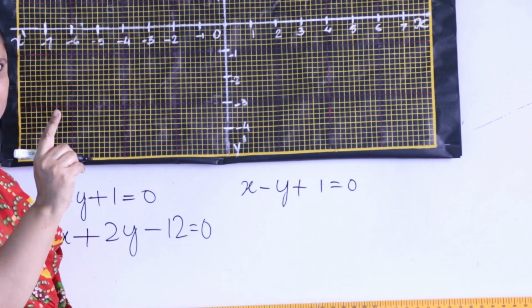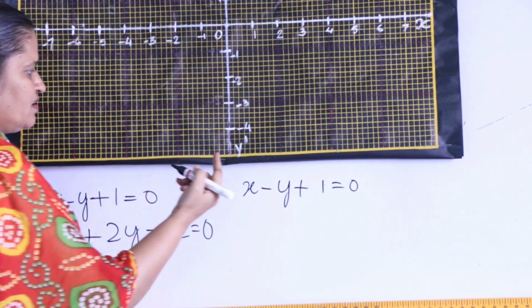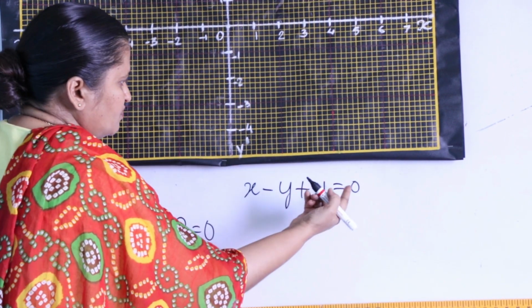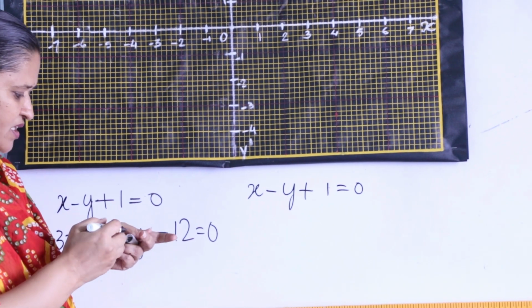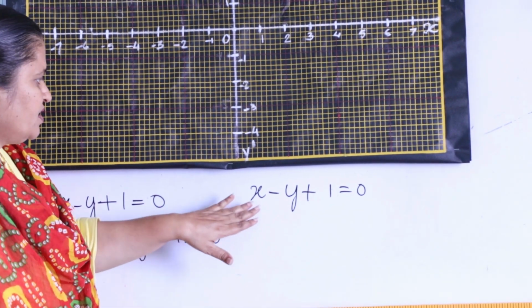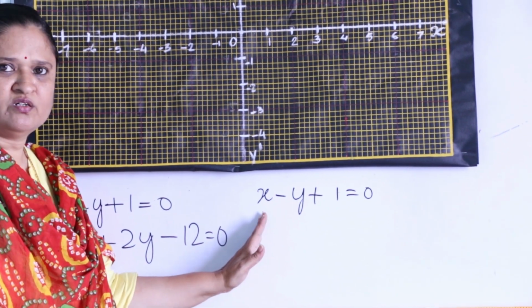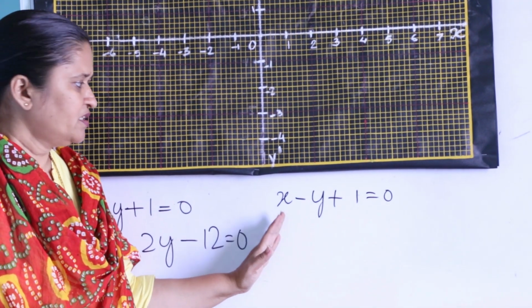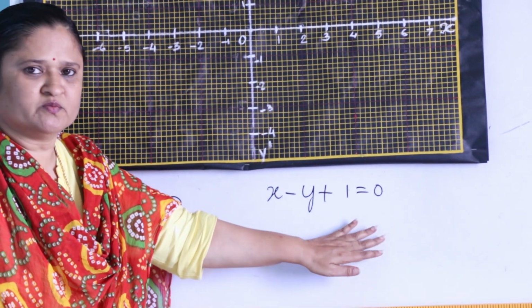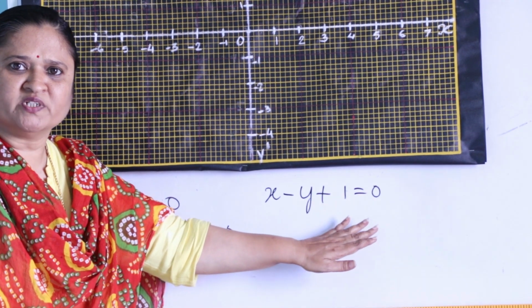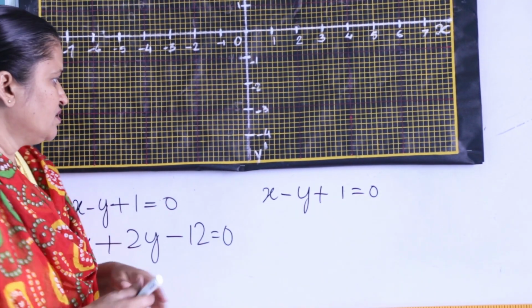The first step is to express one variable in terms of the other variable, which means keep only x on the left hand side, transpose all the other terms to the right hand side as per the basic rules.